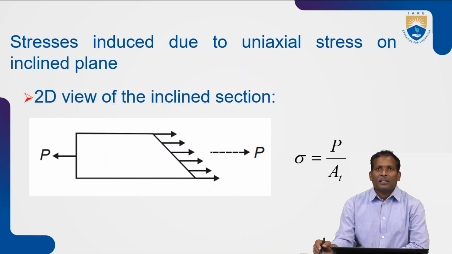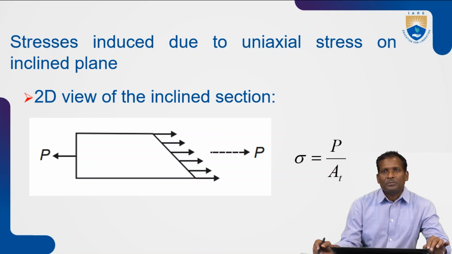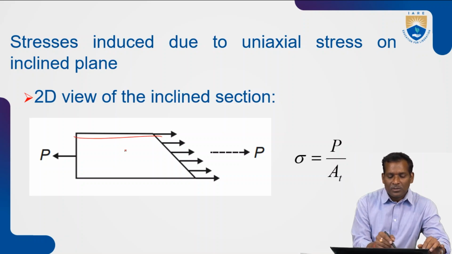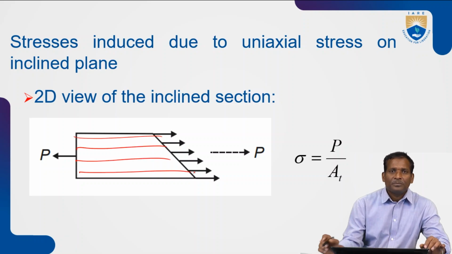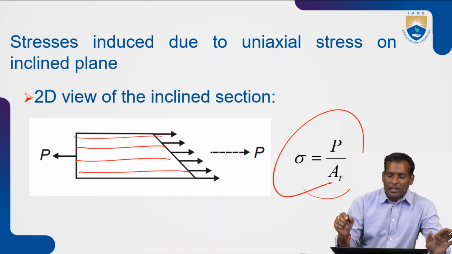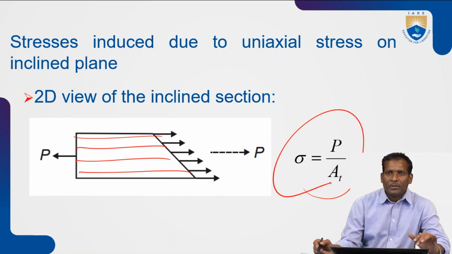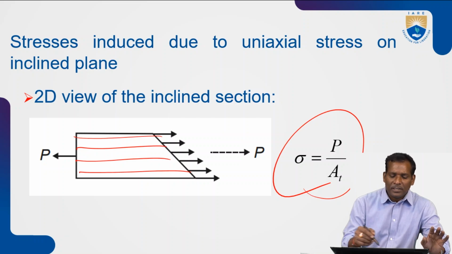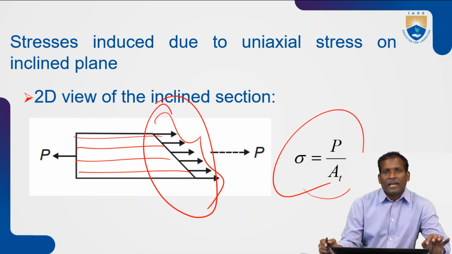See here the inclined plane in 2D. In this also the stress distribution lines are uniform. There is no diversity. But in this calculation we use the tangential area, the inclined area, so this area you should calculate.